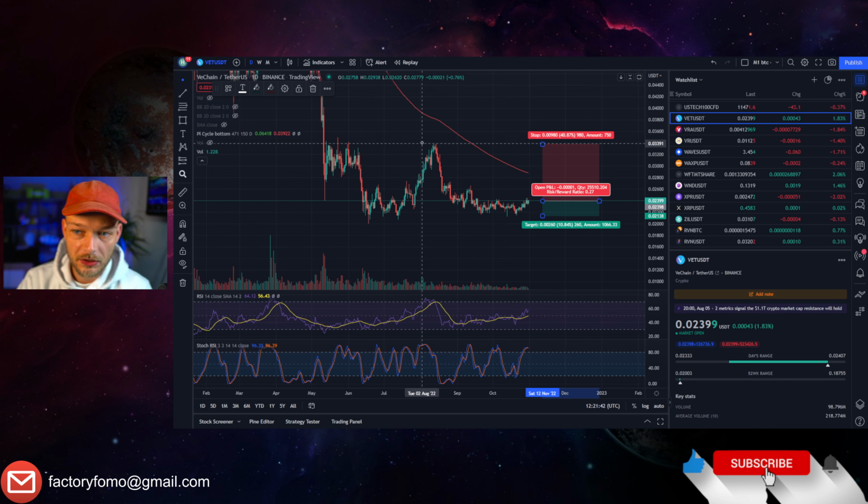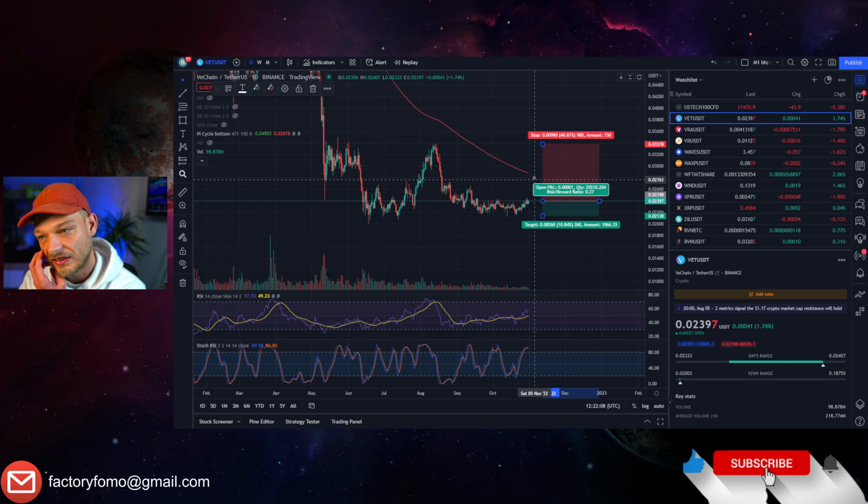Sometimes you look at the chart and feel like, I don't know what to make of this. In this case, if VeChain breaks out of this range, we have this as a resistance area. Definitely, but is that a big one? The really big one is right here. But okay, let's say this is also an area.